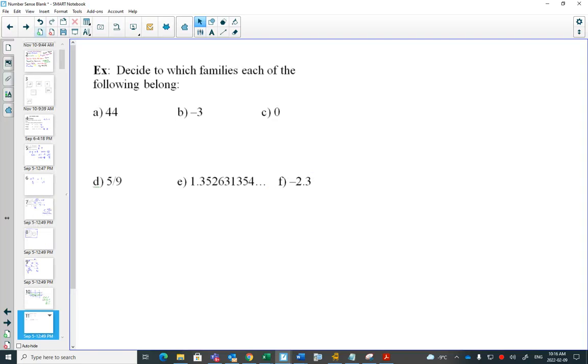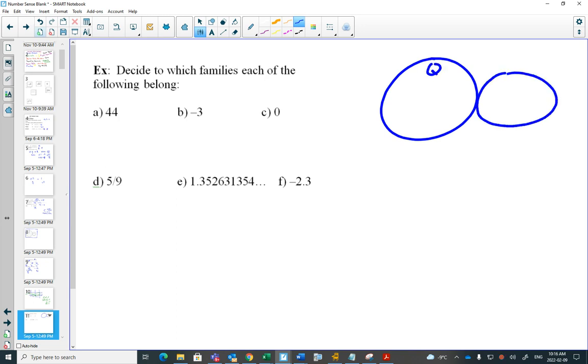All right, now let's make a list of our families. Do you want to draw the circles? I think that's helpful. We got our circle that are our rational numbers, and this circle is our irrational numbers.